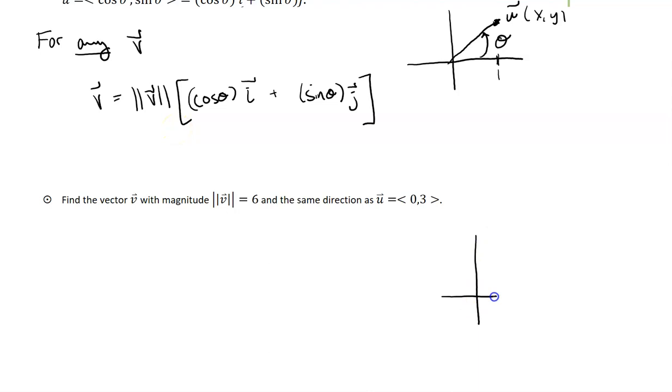If you look at the point (0, 3), which would be our Q here, if this is our vector u, this angle here is pi over 2.